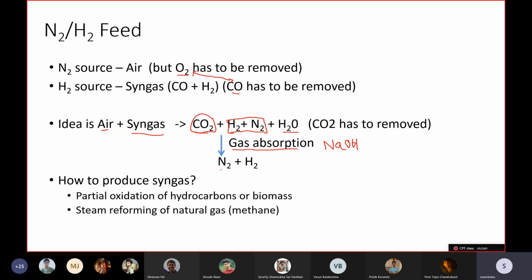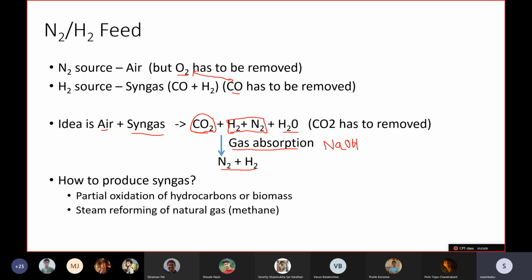That way we get the N2 plus H2. So this is the common way to get the N2/H2 feed together, rather than getting individual hydrogen, which is very difficult. Rather, getting N2 plus H2 is an easier way.